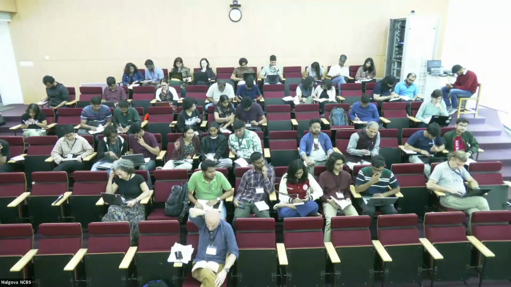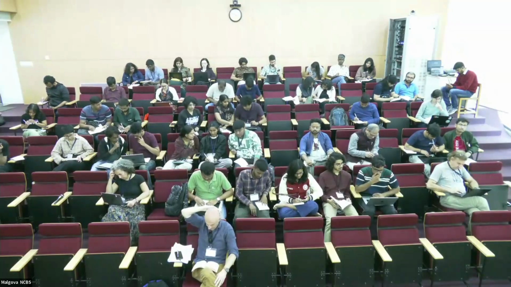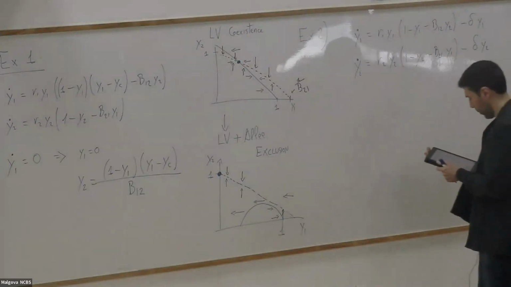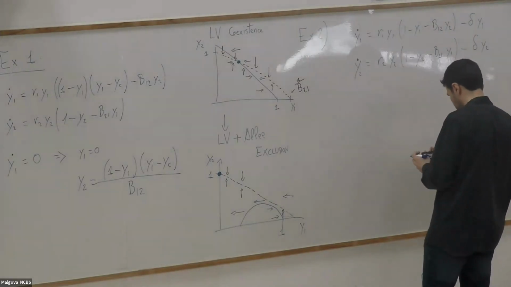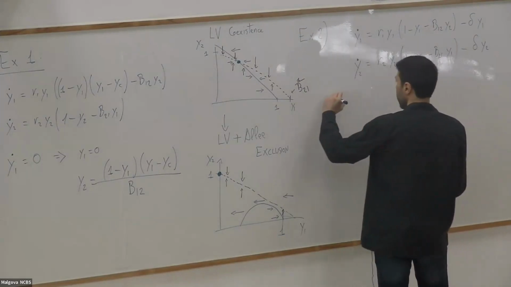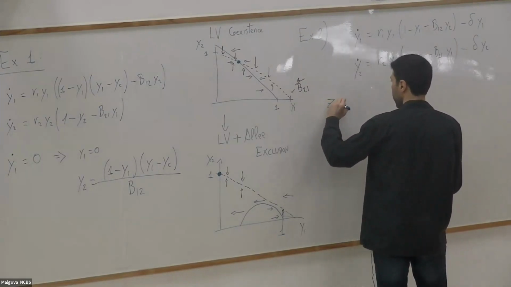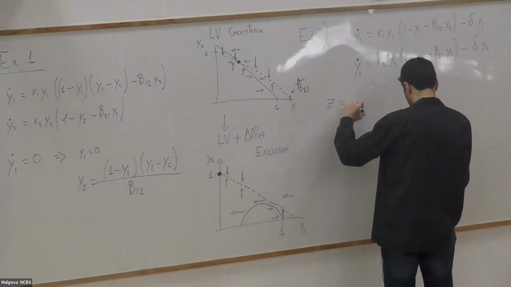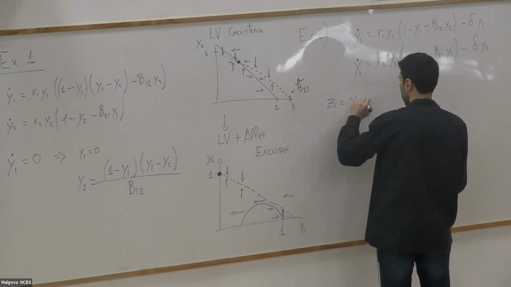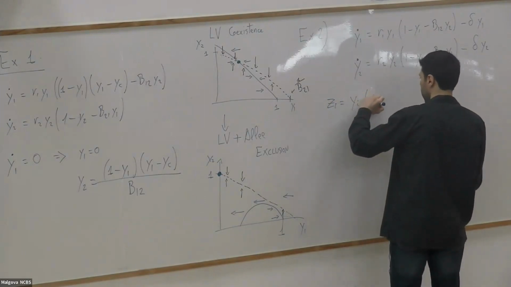I think we have to look at dy by dt and look at the signs. I think when the Allee effect is suppressed, suppressing means reducing my one, right? I think this is reduced.